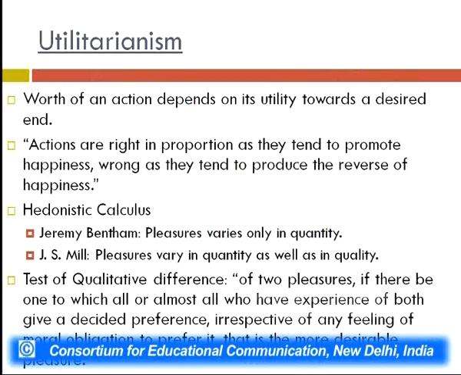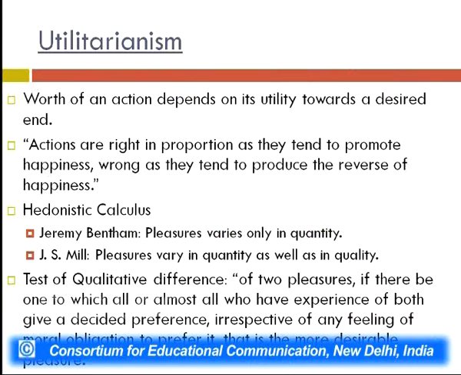Now, we could shift the focus of our discussion to another important view, which is called utilitarianism, and J.S. Mill is one of the foremost proponents of such a view.